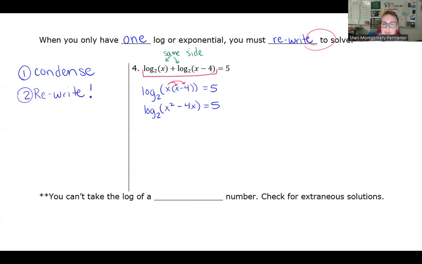Okay, when we rewrite, we're going to use that little swirly thing. We're going to do 2 to the 5th is equal to that stuff. So it becomes 2 to the 5th power is equal to that stuff.